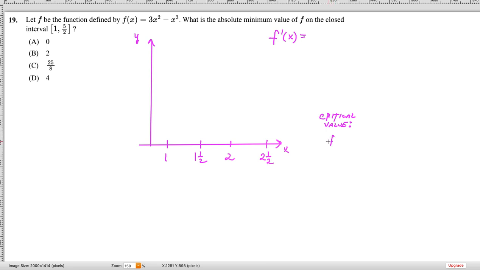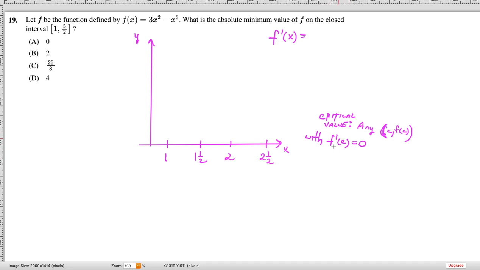A critical value is where f prime of c equals 0, any c comma f of c. Okay, so this is a critical value, critical point. Or with f prime of c not existing, but that's not what's relevant here.